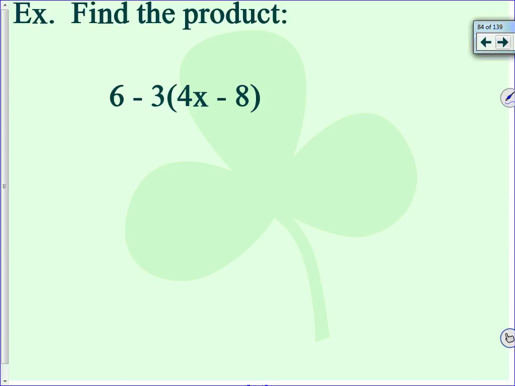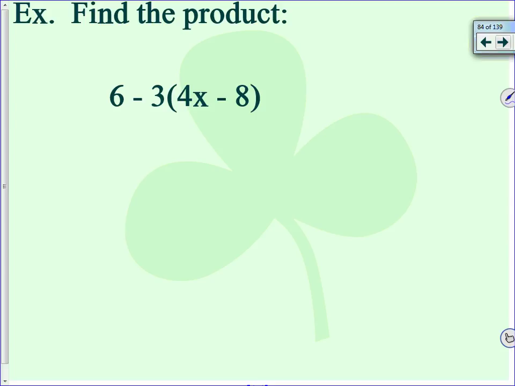You have to do order of operations, so you distribute 3 to 4x and negative 8. So when you distribute 3, are you distributing a positive 3 or a negative 3? Negative. Both. Isaac? It goes down the line.